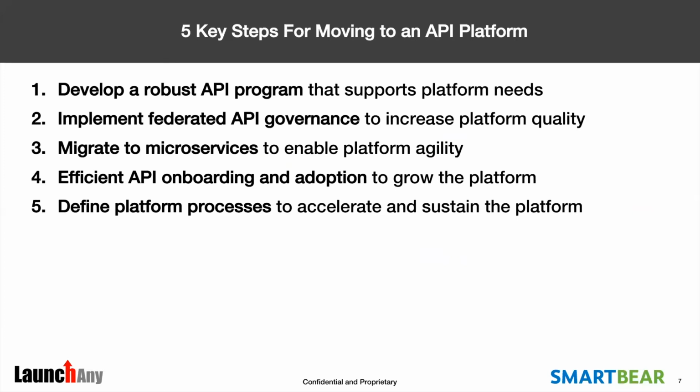The third is to migrate to microservices to be able to have the agility necessary to compose that platform quickly. The fourth is to make sure that we have efficient API onboarding and adoption processes so that the platform can grow. And the fifth is to define platform processes overall that are used to accelerate and sustain the platform. So these are looking for things that will continue to grow that platform over time.